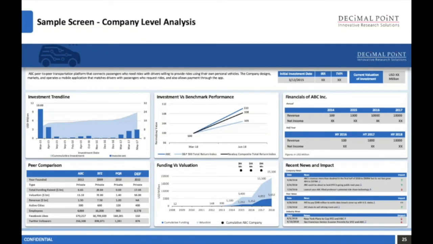So as we can see at a company level analysis, it would be useful to know what the investment trend line has been for a portfolio company, what dates investments were made, and how the aggregate investment into that company has grown over a period of time, at what valuations infusion came in from either the existing fund or certain other associated funds. There could be a comparative analysis with benchmarks in terms of performance of valuations, or that of business operations.